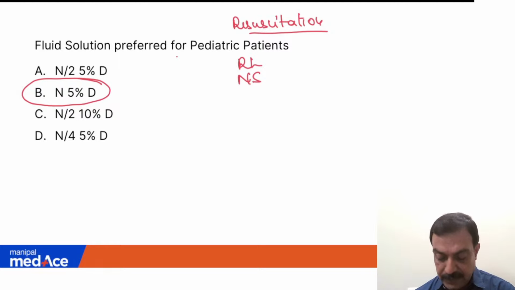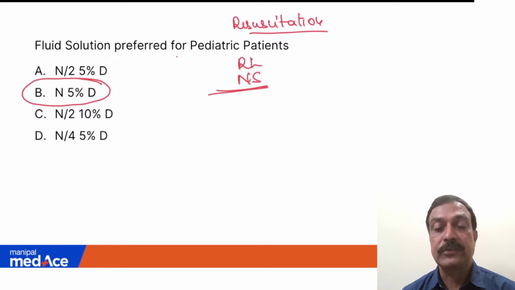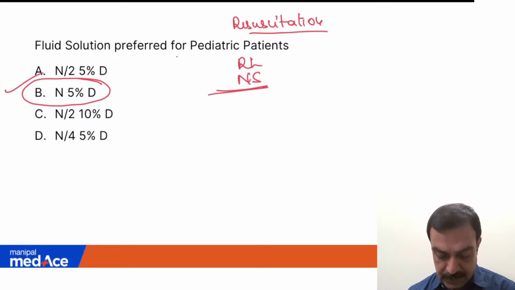If the distractors are correct, the closest to the right answer is, as I mentioned, Ringer lactate or normal saline. So the most preferred solution here is normal saline, plus or minus dextrose, which is given here. So I would answer normal saline.